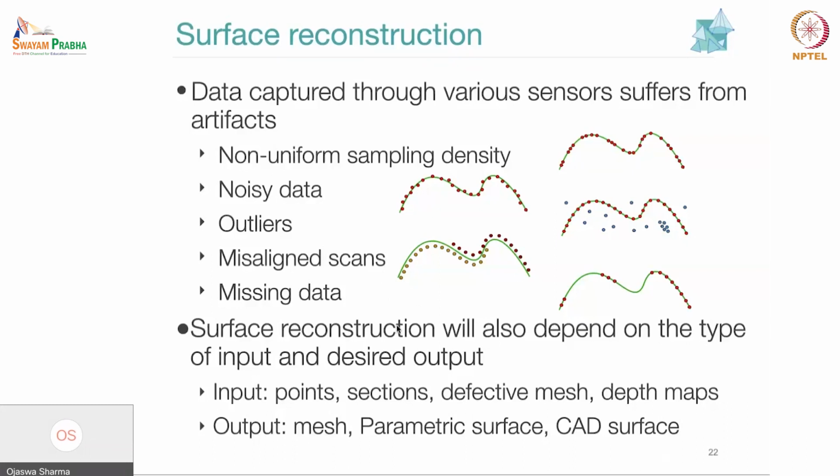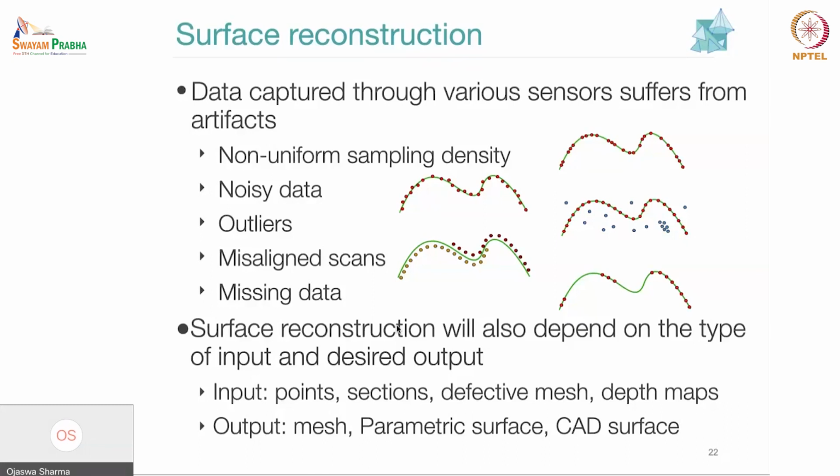These dots may be non-uniformly sampled, and that poses a problem because what I get is dots. So I have to connect these dots to make a shape. If there are larger gaps in the data, the sampling density is not uniform, then it becomes very difficult to see which dots are connected to which other dots. There may not be a clear-cut topology, connectivity information between the dots.